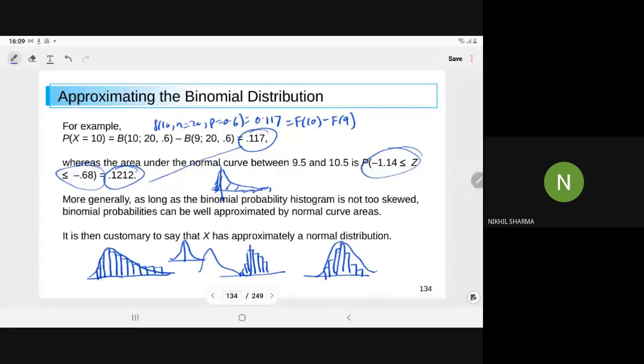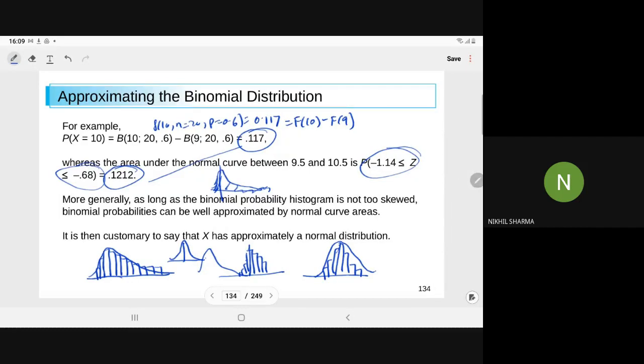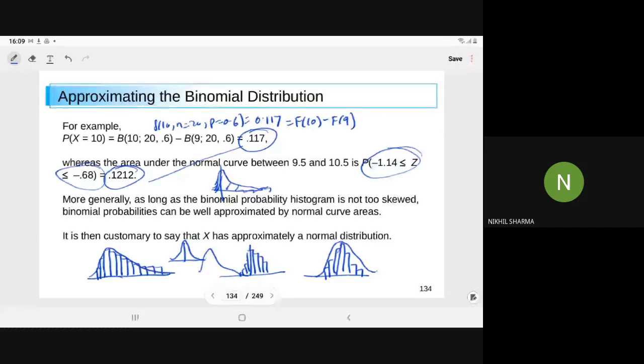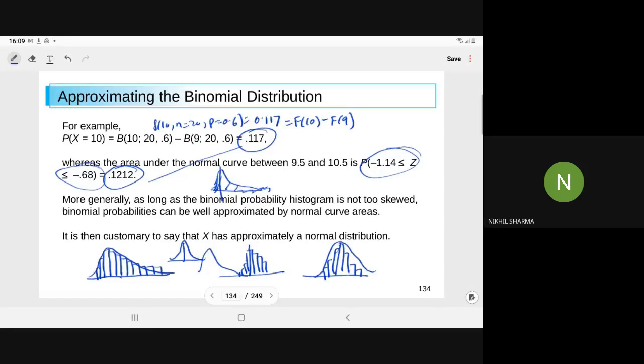Sir, what does small p denote? It denotes the probability of occurrence of a success in any trial.